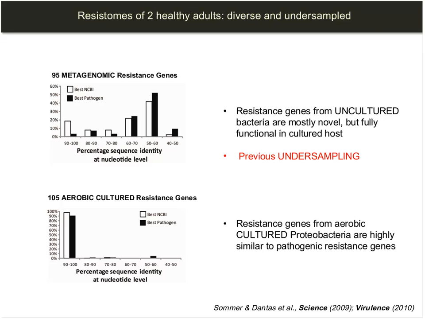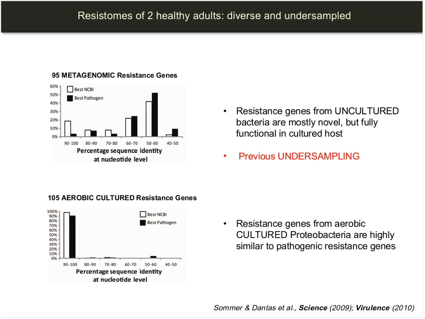And so what's depicted here in these two plots are the average sequence identities of these functional genes that came out to either any gene in the database in white or specifically resistance genes and pathogens. And so what you'll see is that these two plots look very, very different. Most of the genes that came out of this aerobic culturing look very similar to things that have been seen before, and indeed have high identity, in some cases 100% identity genes to pathogens, despite the fact that these bugs are from healthy humans.